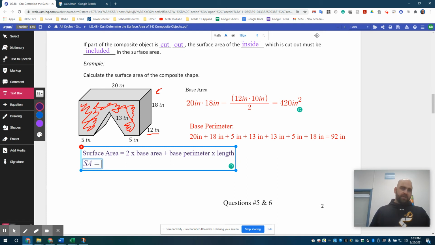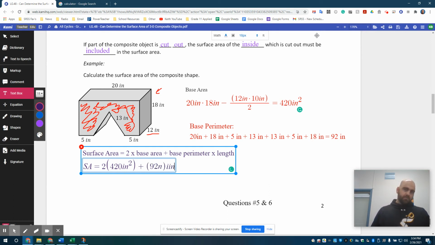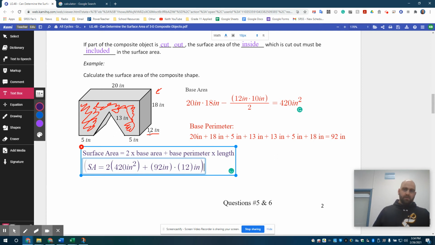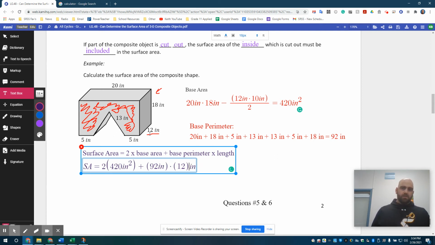So surface area is equal to 2 times our base area, which was 420 inches squared, plus the base perimeter, which we said was 92 inches, times the length of our shape, which was 12. Put the inches in there.